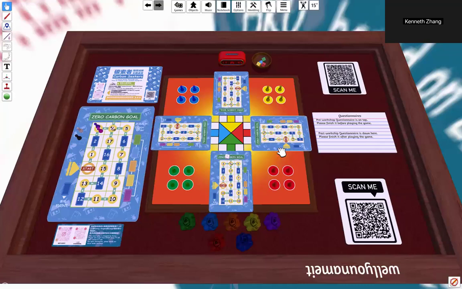And after playing the game, they should scan this one to finish the post-workshop questionnaire. The questions are quite similar. We just want to investigate whether you have learned something through playing our board game. Also, this board game is designed by our group, inspired by Ludo. If you want more information, please follow our social media accounts.